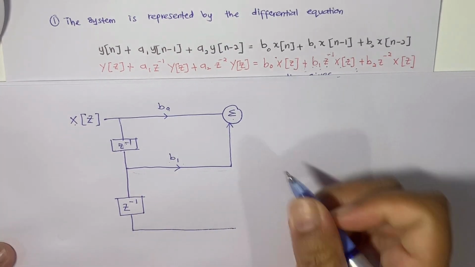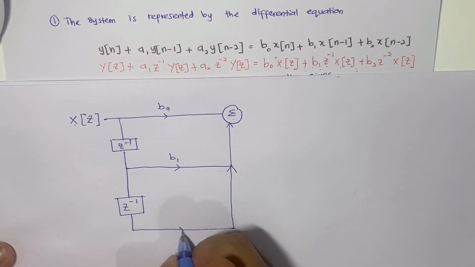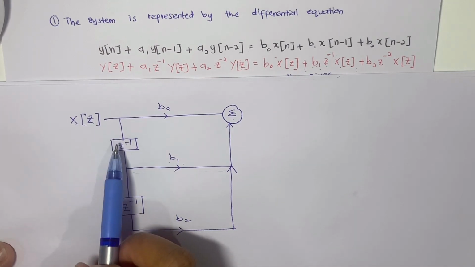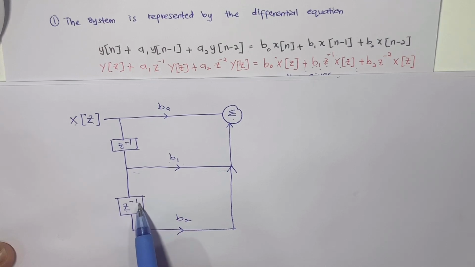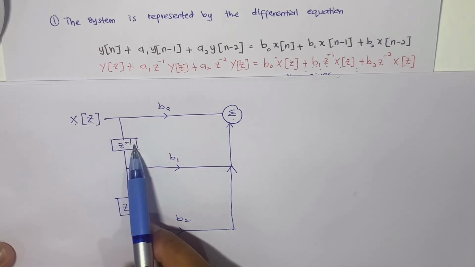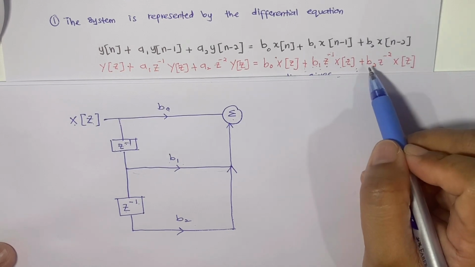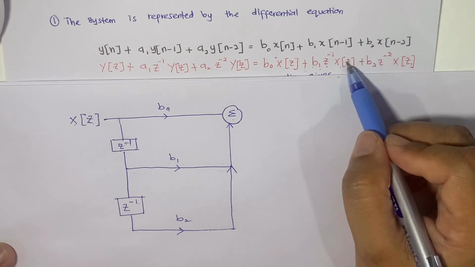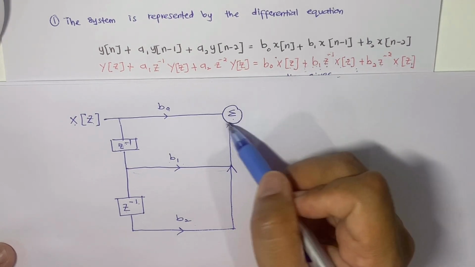B2 is here. So X(z) multiplied with z^-1, z^-1 will be z^-2, b2. You can see the third term here: b2 times z^-2 X(z). All of these terms will be added, so this is the summation.